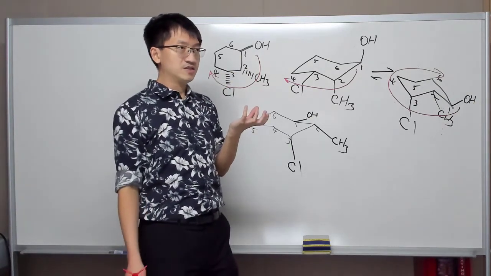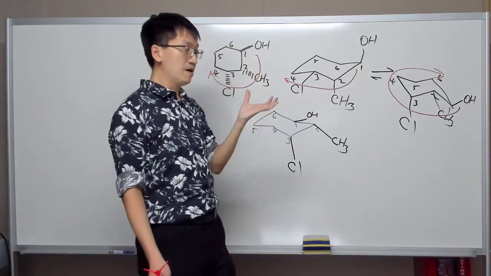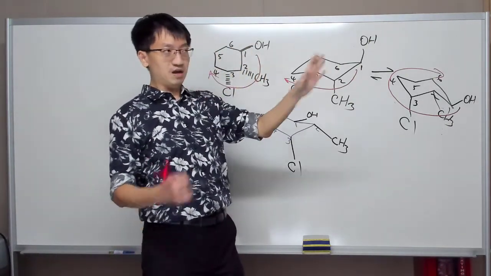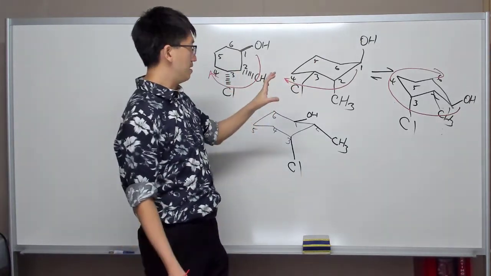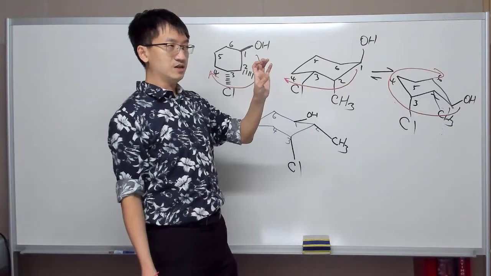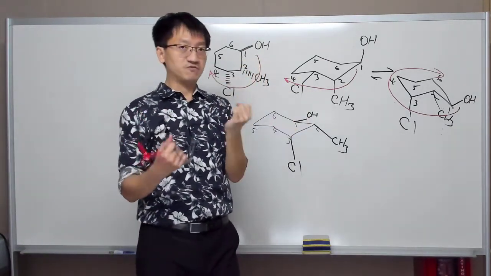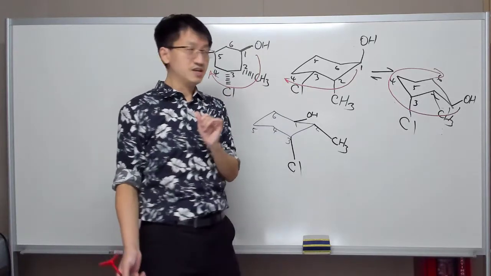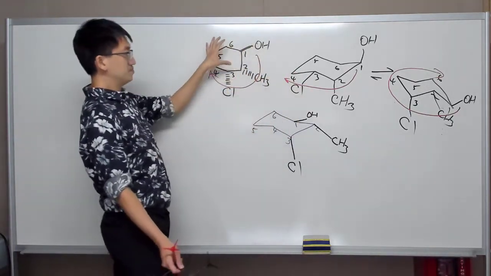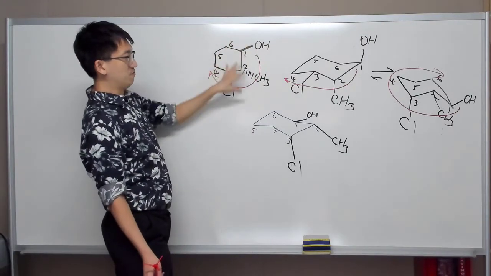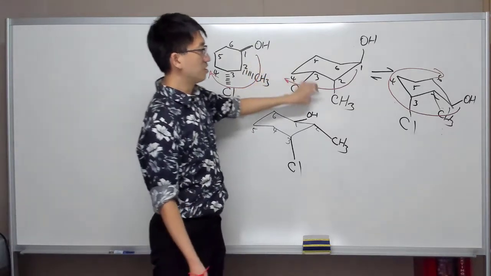Before that I showed you how to draw the Newman projection for the chair conformation, and after that I showed you using 1,2-dihydroxyl cyclohexane how to do the ring flip to get a more stable conformation. And then I ended with an example with a fixed configuration. How do you translate between the different conformations?